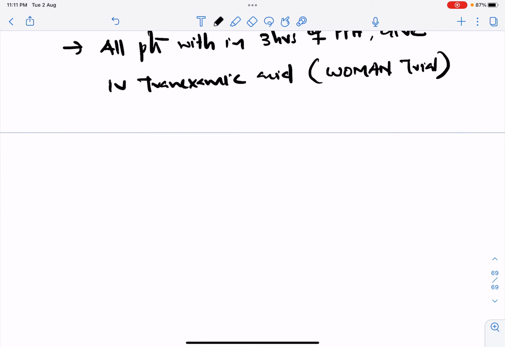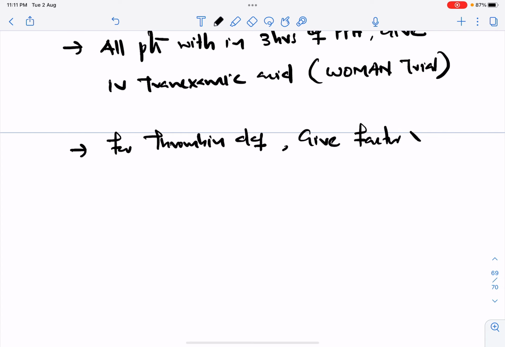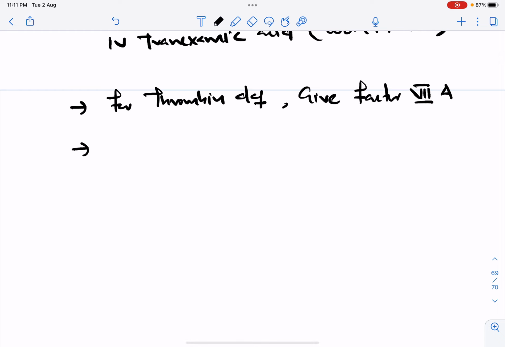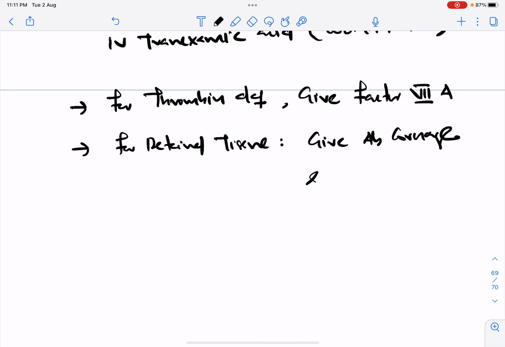If the cause is thrombin deficiency, you can give factor 7A. For retained tissue, give antibiotic coverage and do serial USG monitoring.